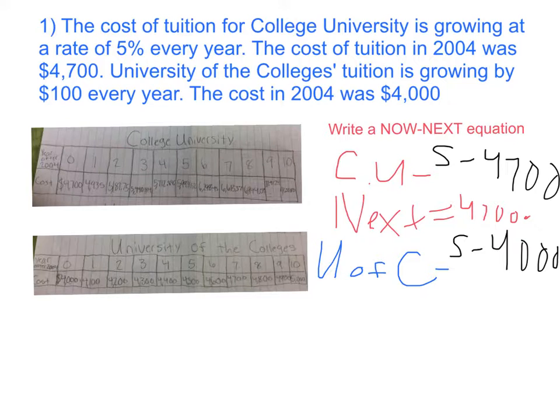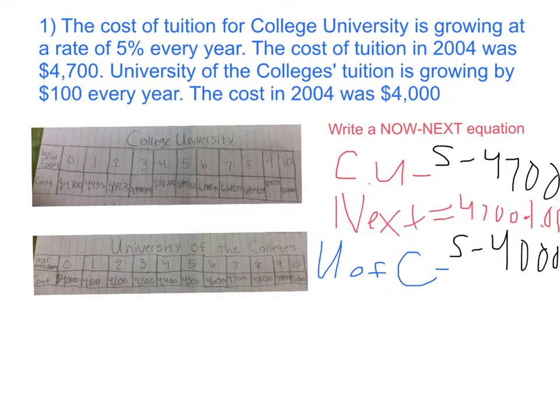So, add a 1 to the front, and then 0.05. So the equation for College University would be next equals 4,700, which is the now, times 1.05.